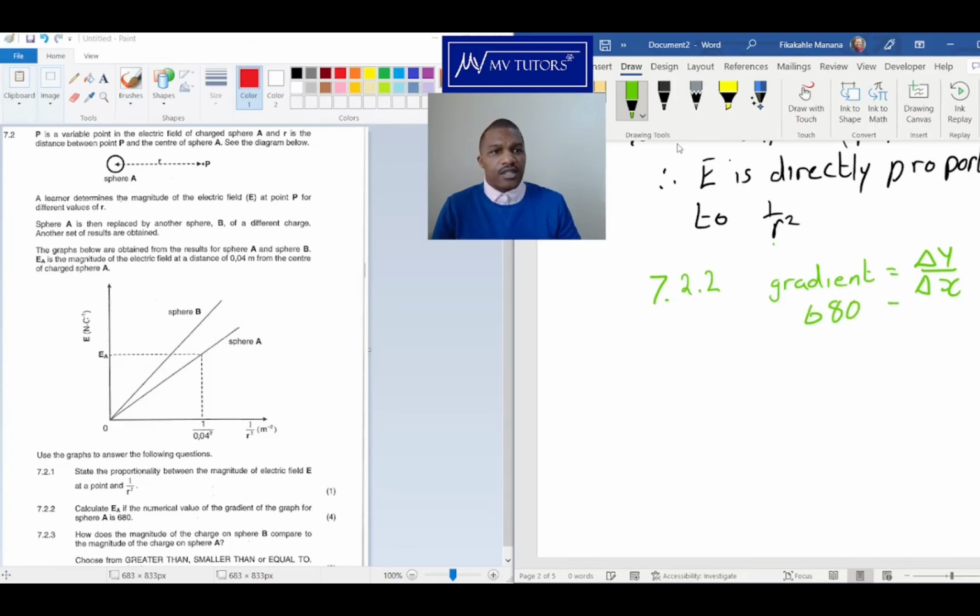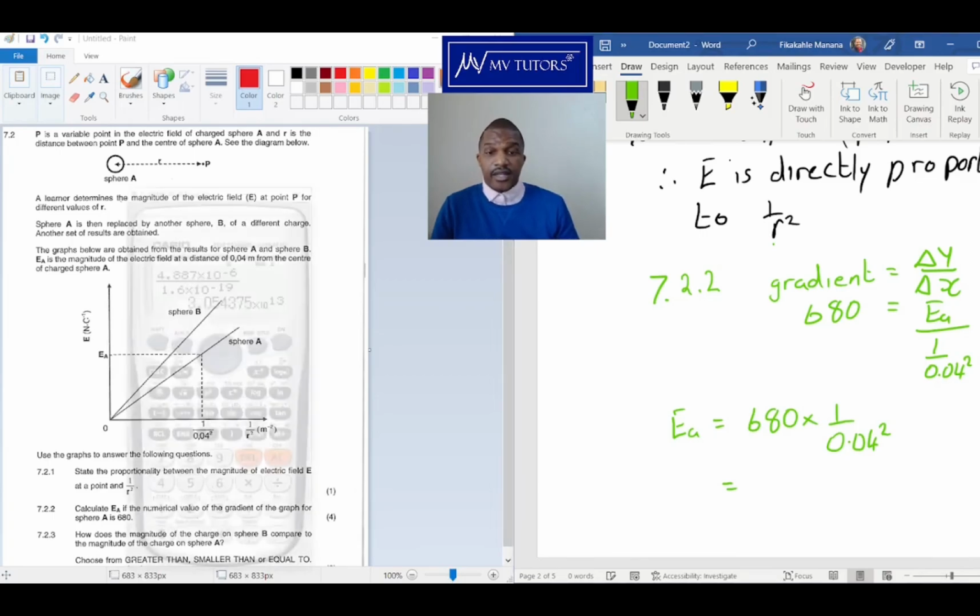680 is the gradient, and we're looking for EA, but the change in X we're given, there it is on the graph. It's 1 over 0.04 squared. We just have to solve for EA. So EA is equal to, by cross multiplication, 680 times 1 over 0.04 squared.